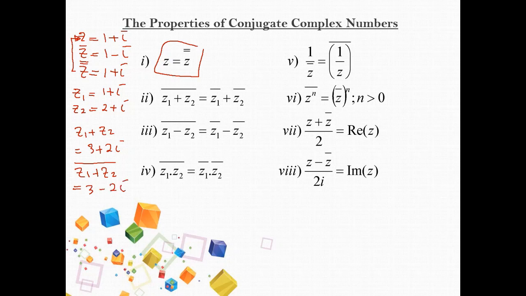Instead of doing the summation first and then finding the conjugate, you can also find the conjugate individually.